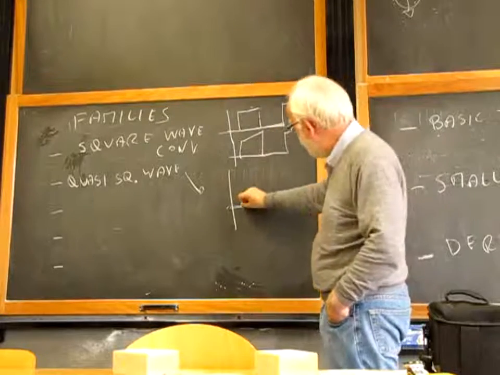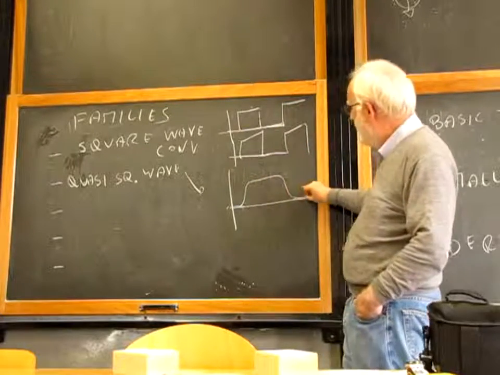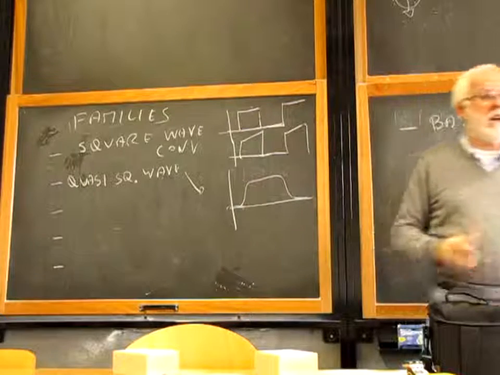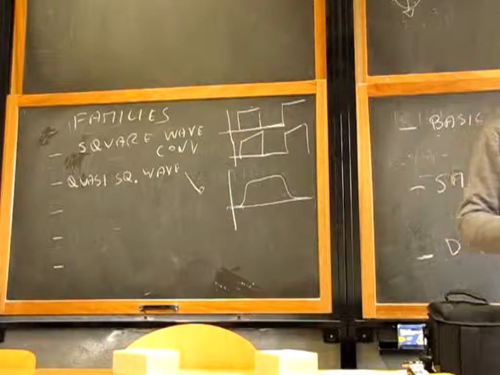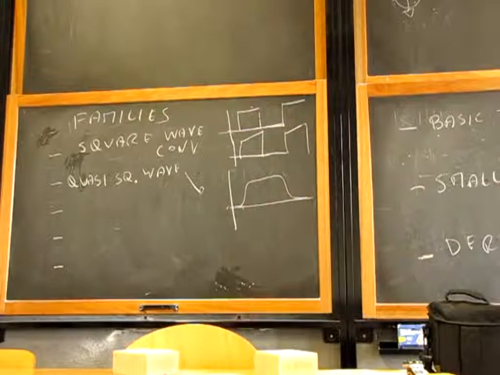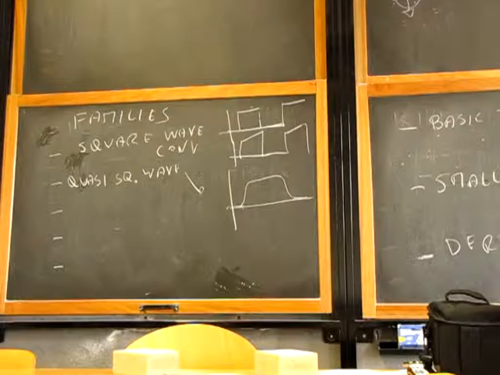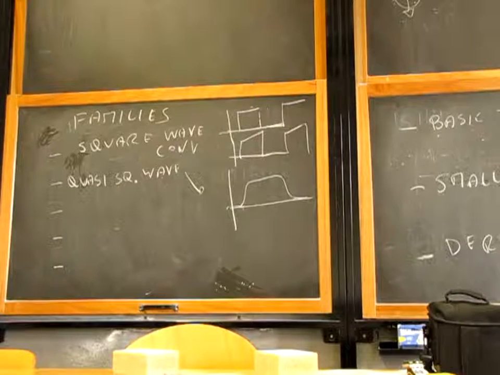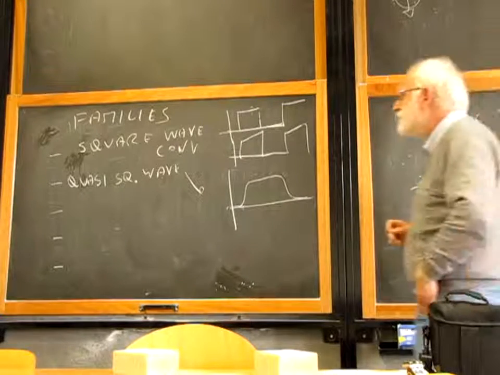So you can have something like this. You have just smooth edges. This is an advantage for electromagnetic compatibility, because the smooth edges make less electromagnetic noise. They have a smaller spectrum, a narrower spectrum than square wave.